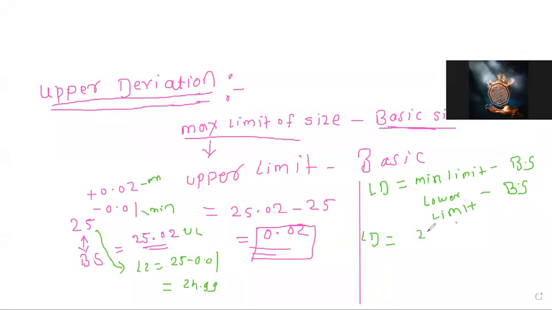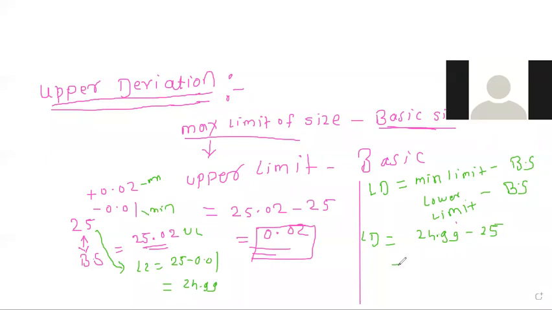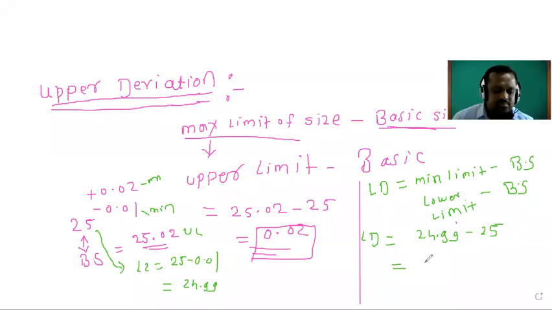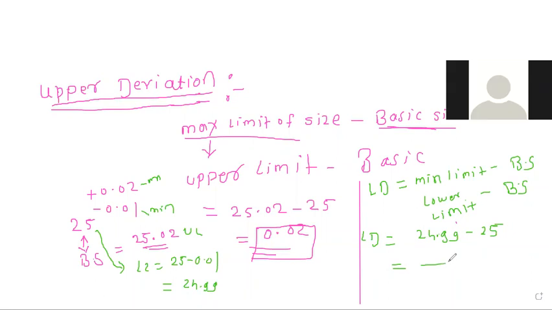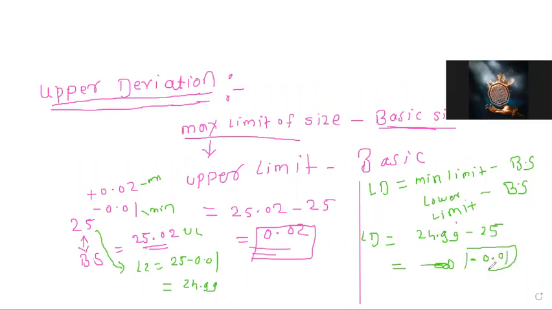Then 24.99, which we have taken as the lower limit, minus basic size 25. What is the answer? Minus 0.01. That will be the lower deviation.